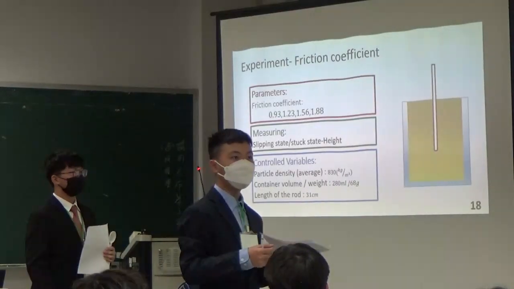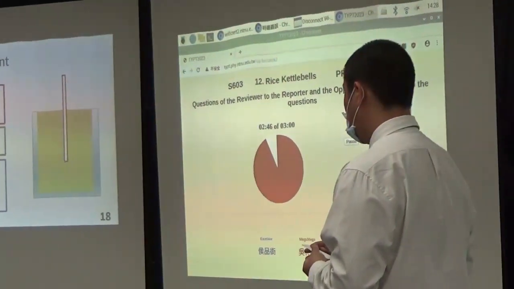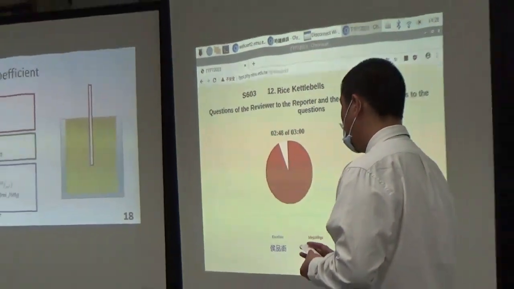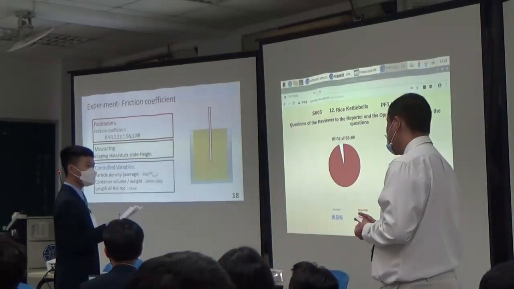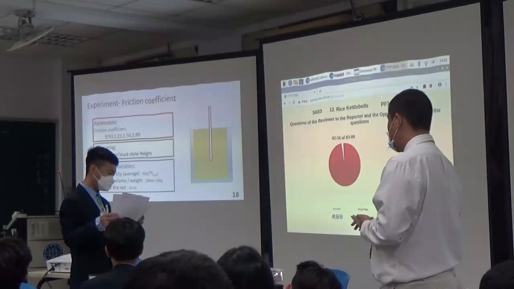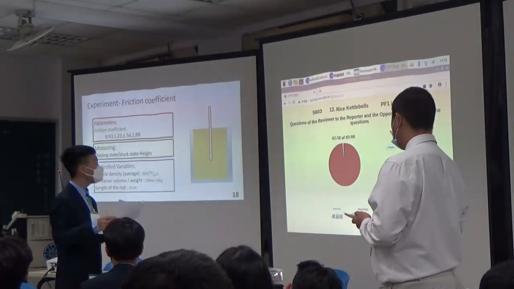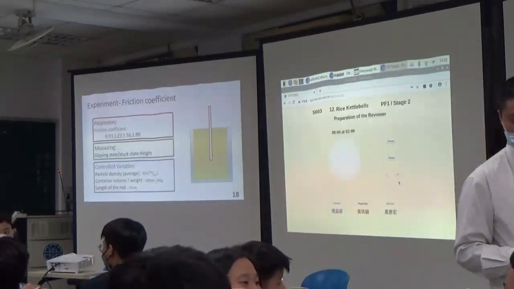Okay, so which method do you think is more reasonable? Which method do you prefer for measuring the volume? What do you mean by which method? Okay, it's okay. So next question. Okay, time's up. The reviewer has 2 minutes to prepare.